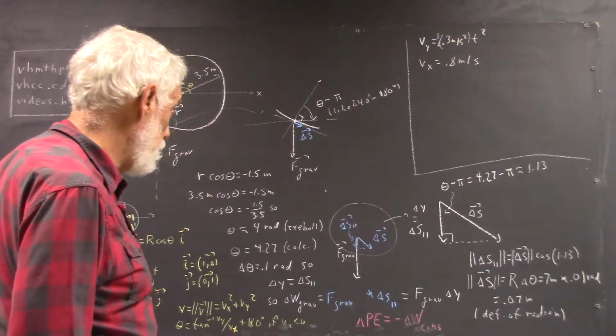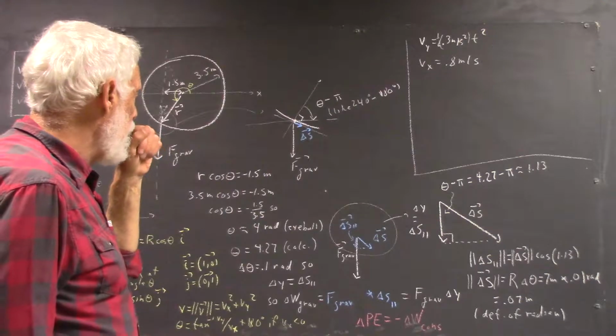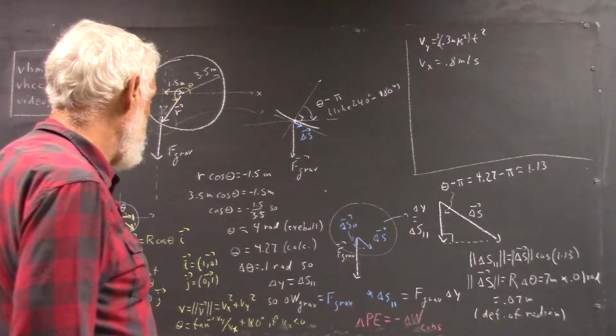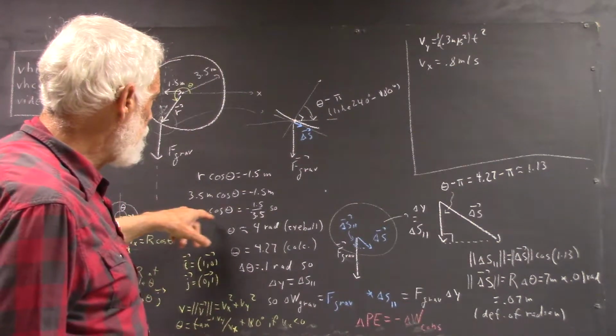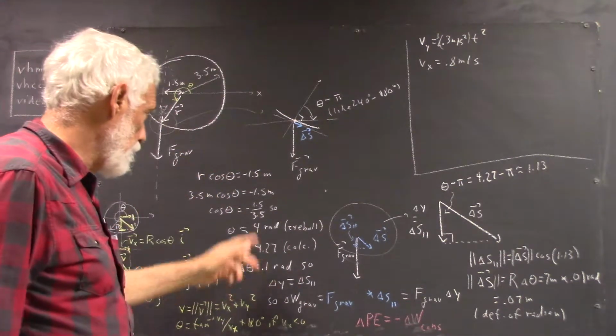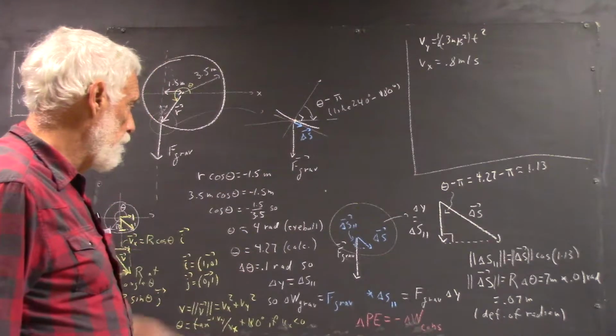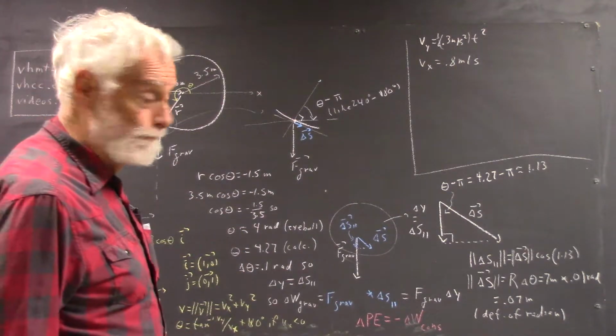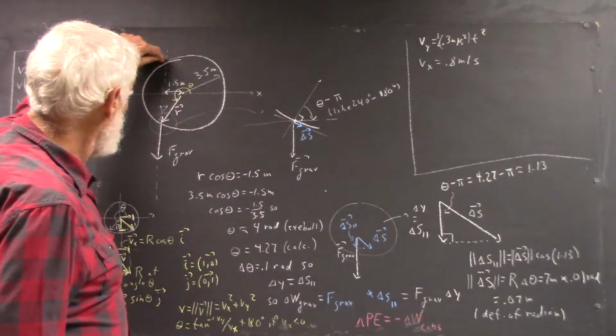We can easily solve for cosine theta, and then easily determine theta from the cosine. Now, if we just take the arc cosine of negative 1.5 over 3.5, we get about 2 radians. That would be the angle up here.